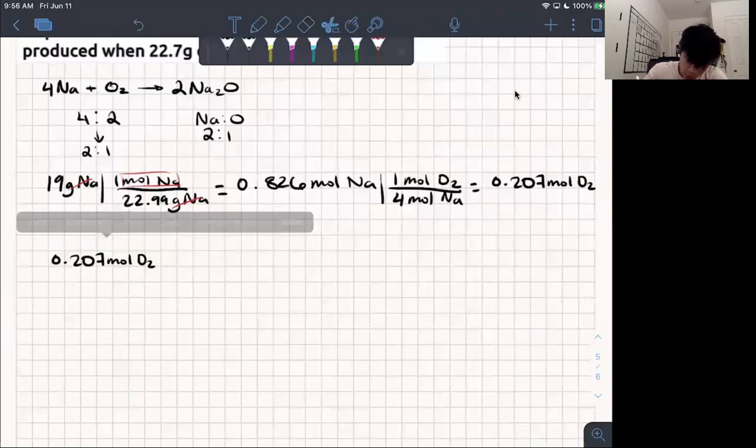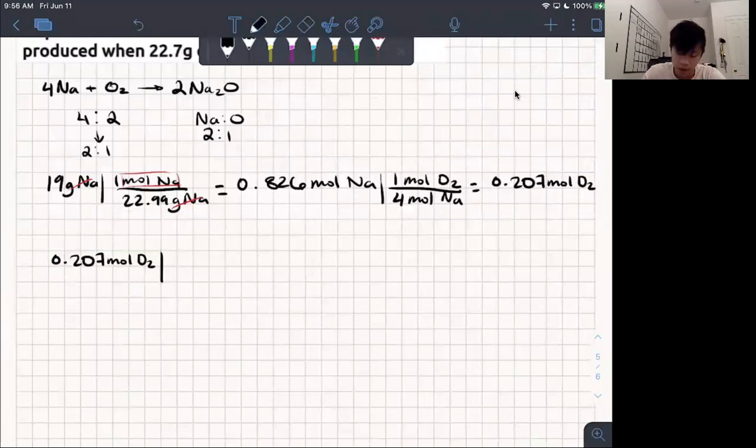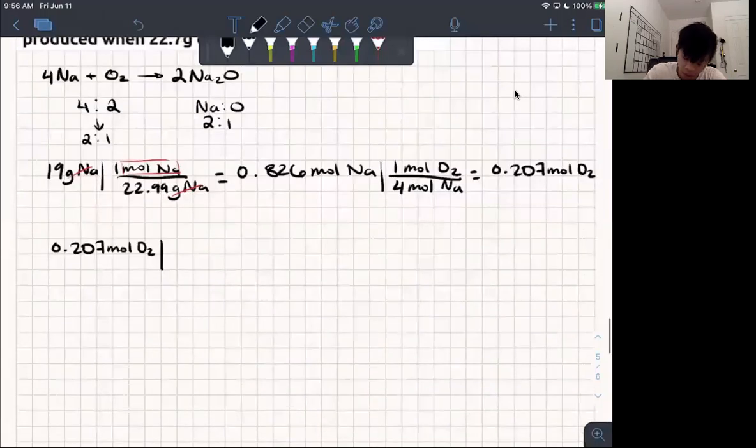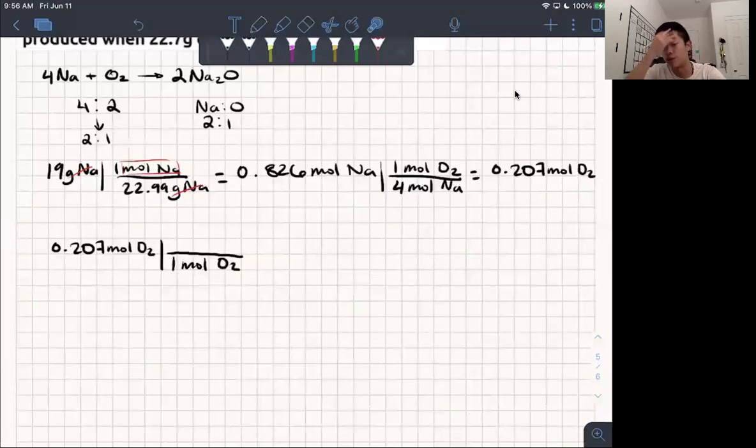0.207 moles of oxygen. Now we need to convert it from moles into grams. So 1 mole of oxygen gas. The mass for a single oxygen atom, as we know from the periodic table, is 16 AMU, or 16 grams per mole. But because this is oxygen gas, which is diatomic, you need 2 oxygen atoms, so 16 times 2 is 32.